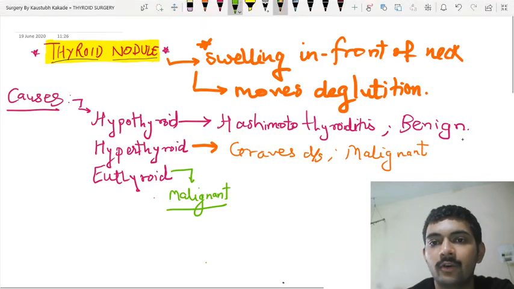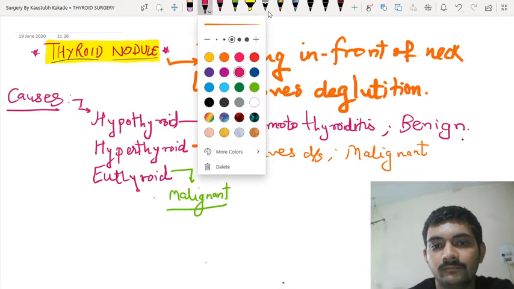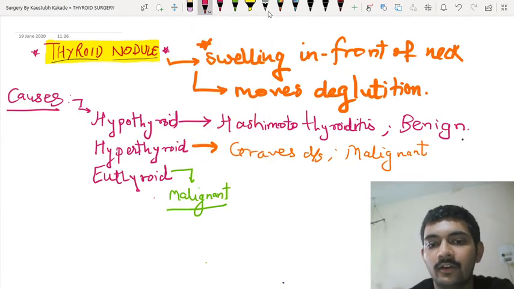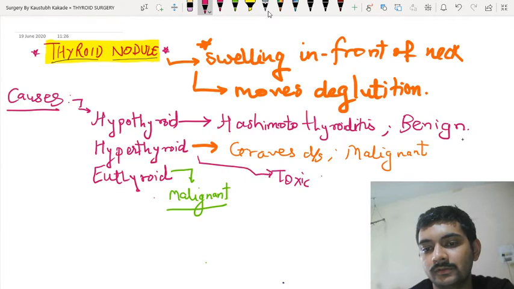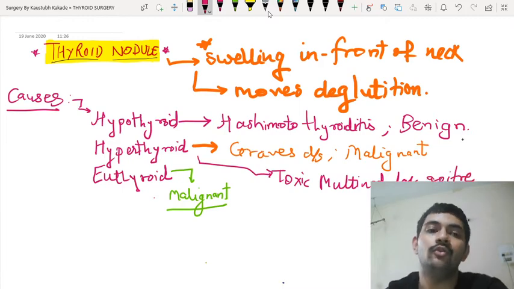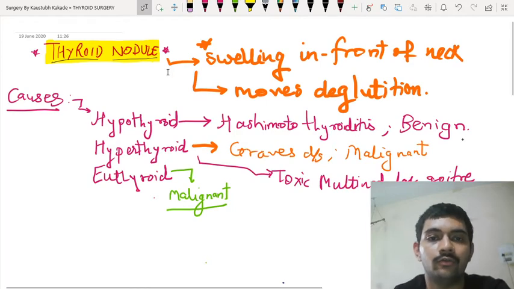One more interesting point to be added here is that in hyperthyroid patients, even toxic multinodular goiter is going to present to you with a hyperthyroid swelling.